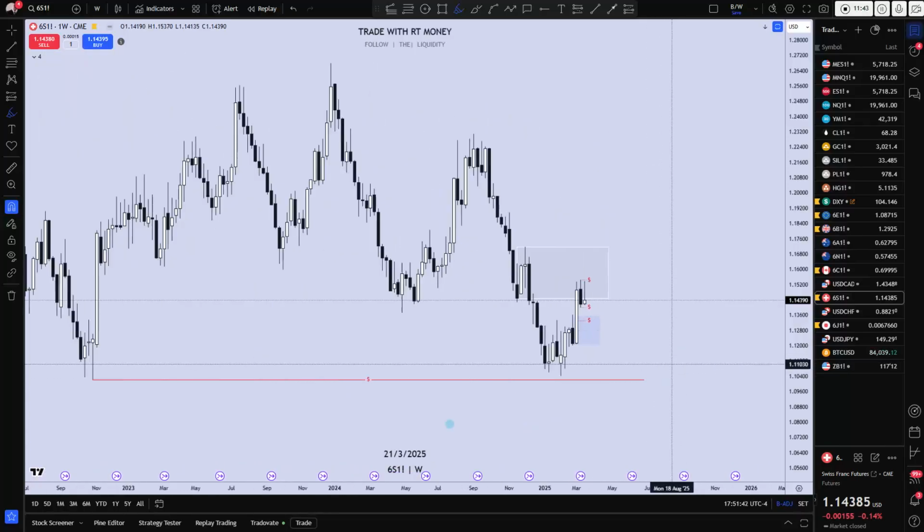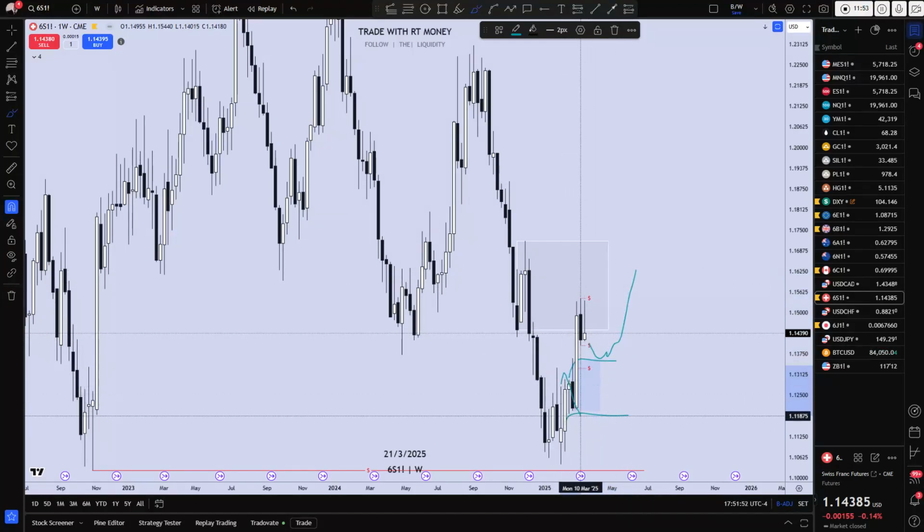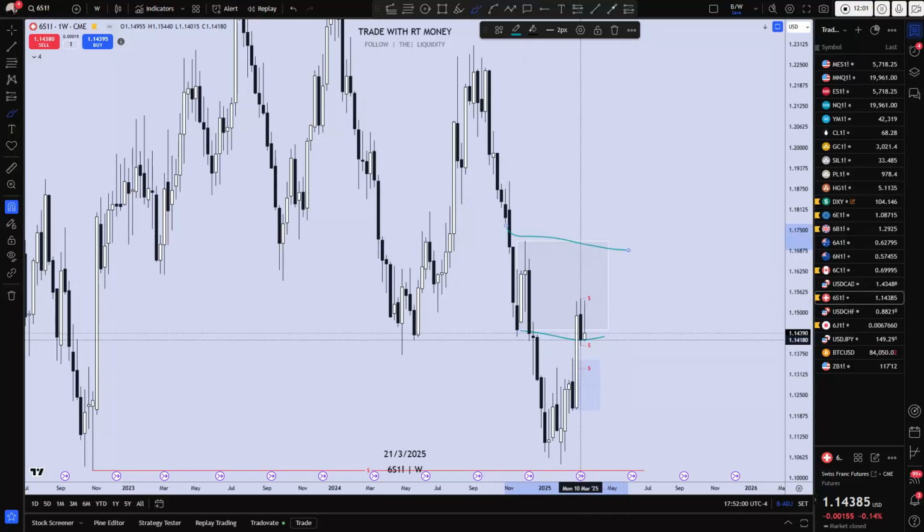So I am more interested in looking at what happens when price reaches this area of demand. There's a sell before the buy here, and that's what I'm keeping my eye on. Price's reaction to that. Yes, we're going to react to this area of demand, the opposing area of demand.